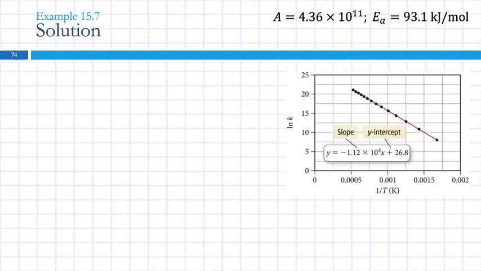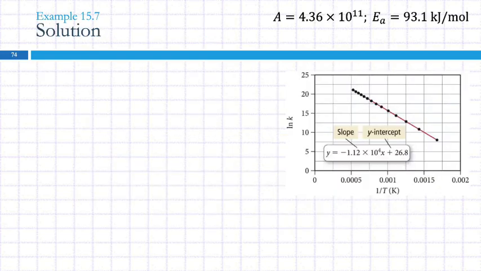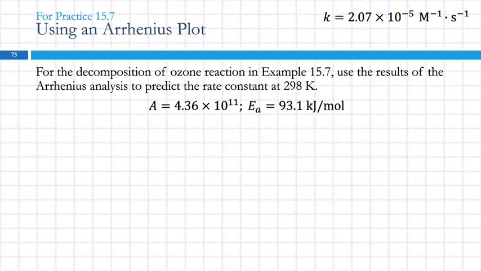Because it already gives us the rate constant. Well, the units of k depend on the order of the reaction. So I'm guessing that this is a first order reaction, and that's why the units are what they are.